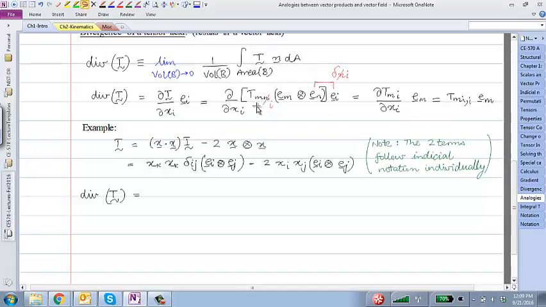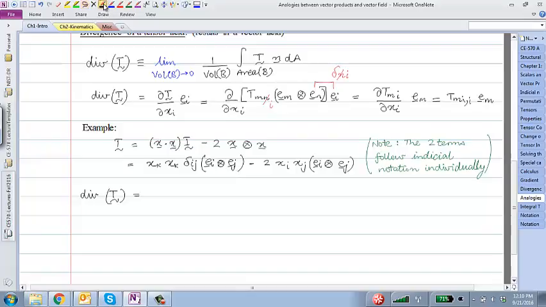So if I have some tensor T where I called the components mn, the result was in the direction m, right? If I have a tensor whose components have i and j, the result will be in the direction e_i, right?